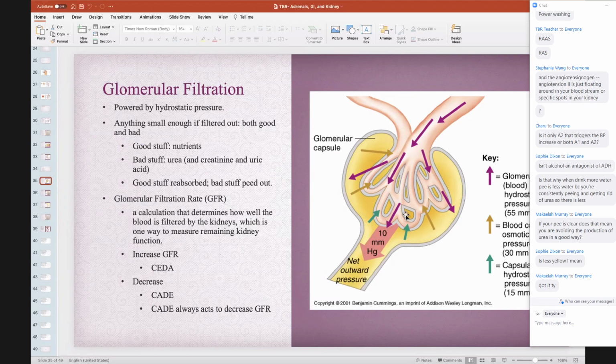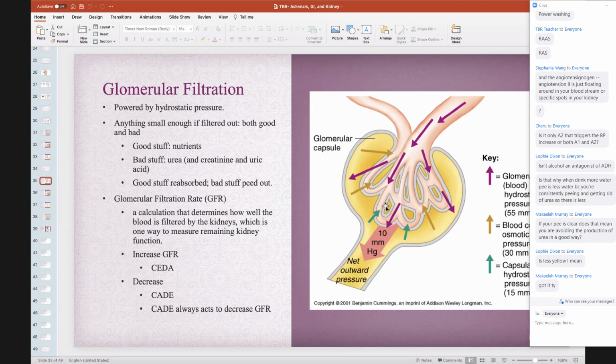This glomerulus are all these very permeable capillary type vessels that are kind of bunched up. And so what's happening is we have all this blood flowing in, it has to travel throughout the glomerulus and it travels out. As it's traveling in, you have all this blood rushing in, putting pressure on the walls of this glomerulus.